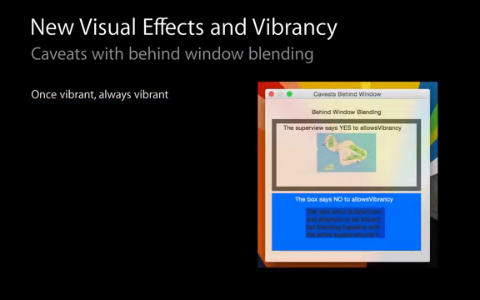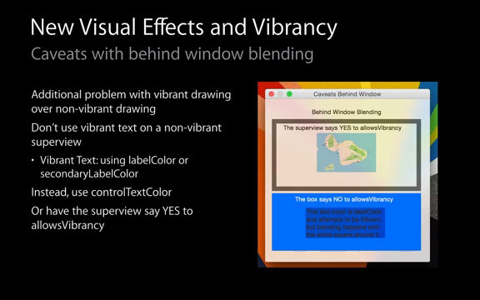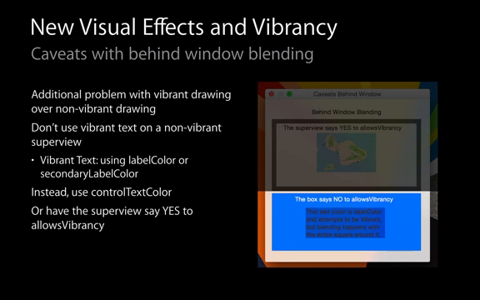There are also some other caveats with behind window blending. It has that same once vibrant, always vibrant effect, but there's an additional problem here that I'm going to highlight. And what is happening here is I have this blue box, which is saying, no, I don't want vibrancy. However, there's a text field inside of it, which is using label color, which, as you know from before, is saying yes to allowsVibrancy. So the text wants to be vibrant, but the thing drawn behind it wants to not be vibrant.